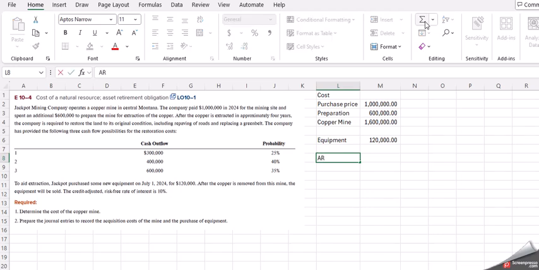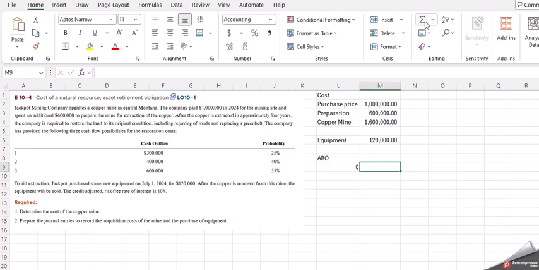Okay, then our ARO, or our asset retirement obligation, we have the different scenarios. So, maybe I'll go over here. So 300,000, there's a 25% probability that it's going to cost us that much. 400,000, there's a 40% probability, and then 600,000.